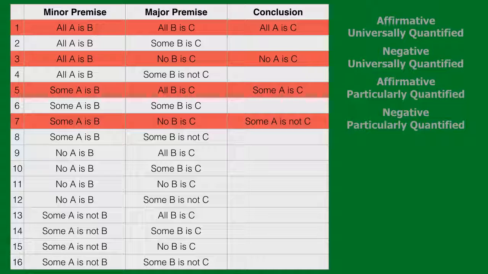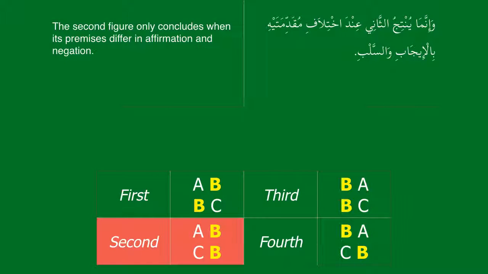So when does the second figure conclude? He says that the second figure only concludes when its premises differ in affirmation and negation. So we just saw that every figure has 16 modes, and not all of those modes conclude. The logicians looked at the second figure, and you can actually work out its conclusion by looking at it carefully.